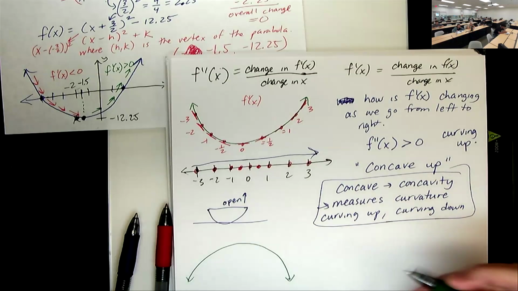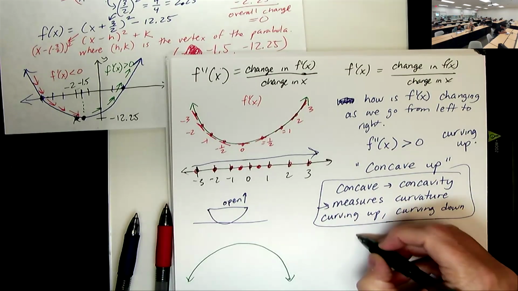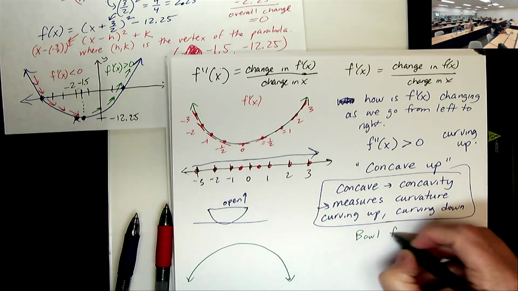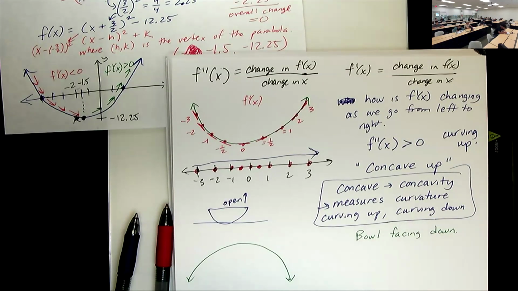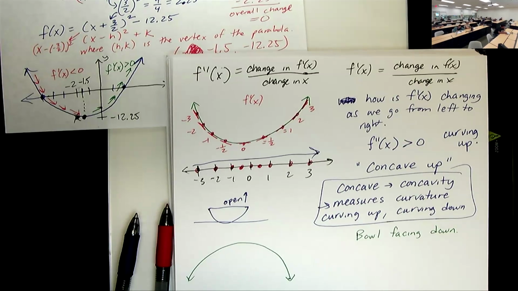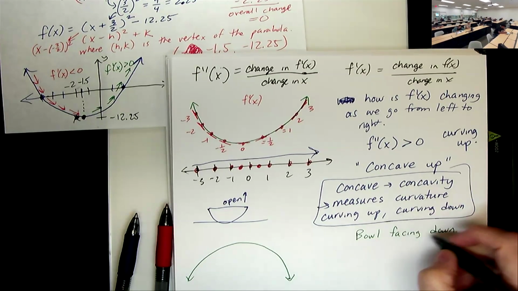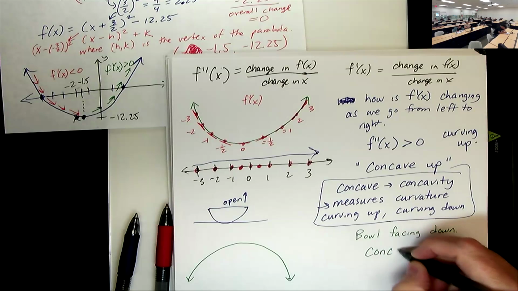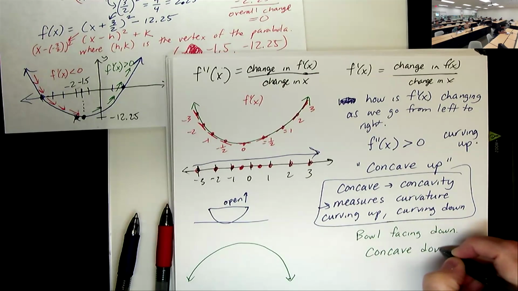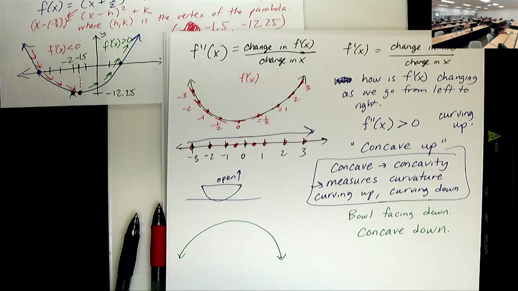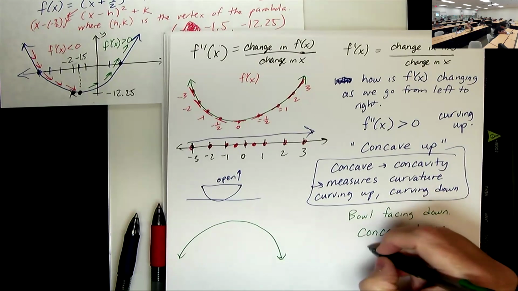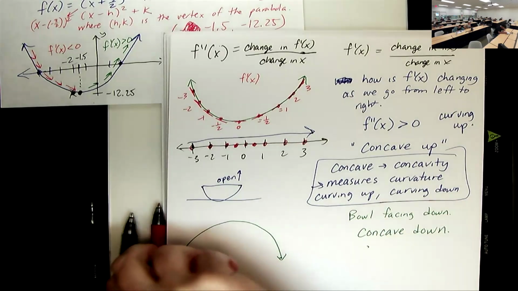If I have the bowl going downwards, this looks like a bowl facing down. Or better yet, a shot glass after you took the shot, left slanted upside down. We're gonna call this concave down. And guess what happens here? It's gonna be decreasing, as we'll see in a second.